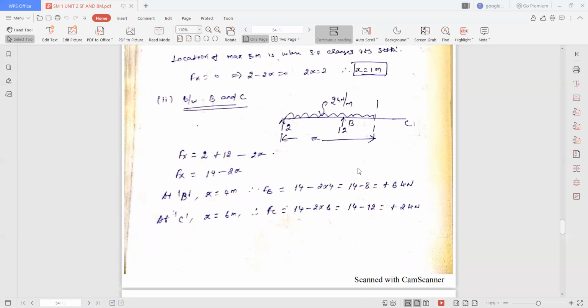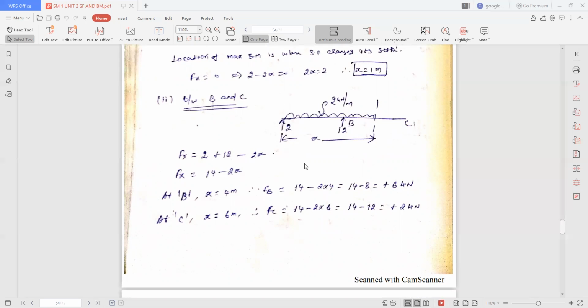So f of x is equal to force 2, then force 12, then the uniformly distributed load 2 into the distance x, which is 2x acting downward, so minus 2x. So 2 plus 12 minus 2x. So the f of x equation is 14 minus 2x.